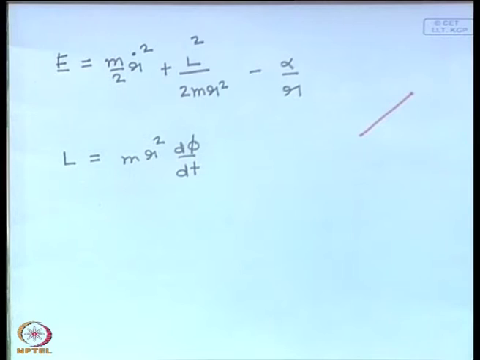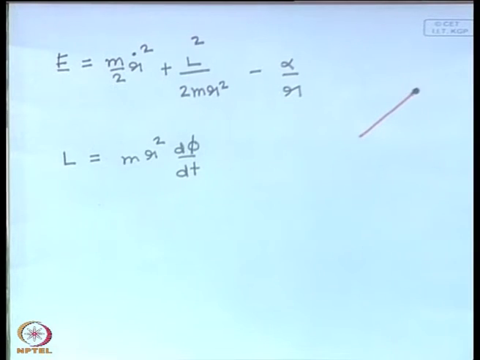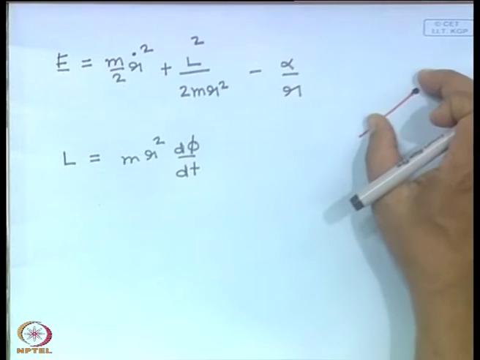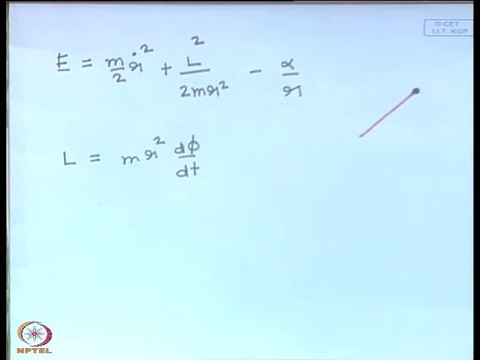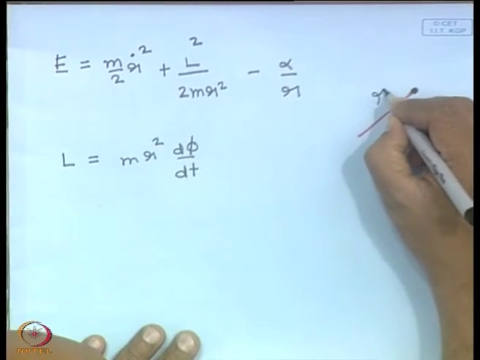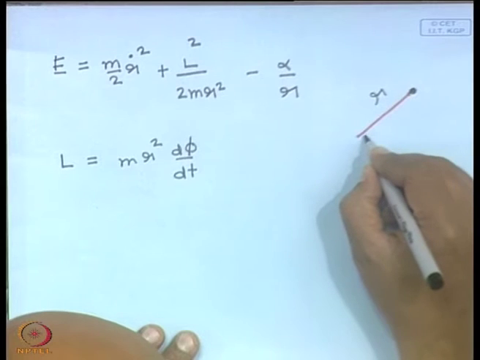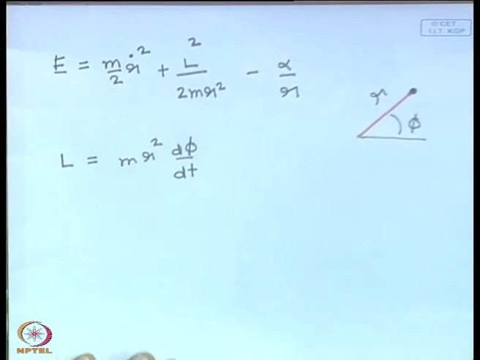So, this is the center of mass, that is the origin, and this is the reduced mass particle, and this distance represents the separation between the two particles that we were originally interested in. So, we are interested in the motion of this r as a function of phi, that is the orbit. So, we would like to calculate the orbit in the plane of the motion.